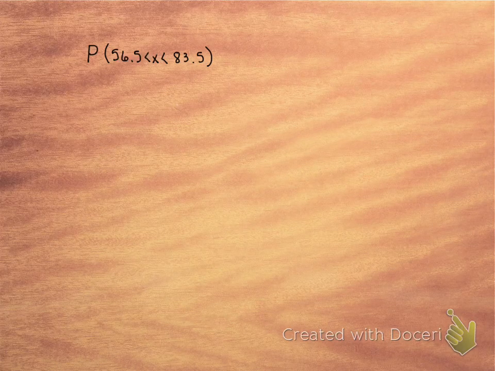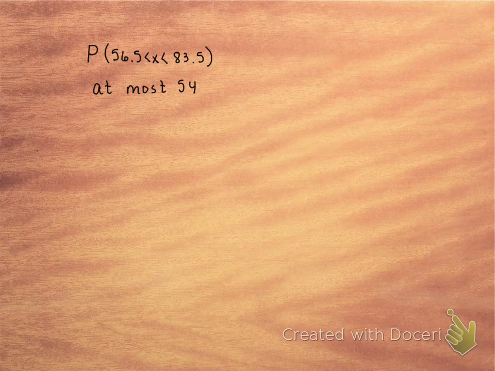Now look at the Try It Yourself number 2. The probability of getting at most 54. So we need to determine whether or not 54 is included. At most 54, so 54 is included, and so is every number less than that. You can have 54, you can have less than 54, but you can't have more than 54.